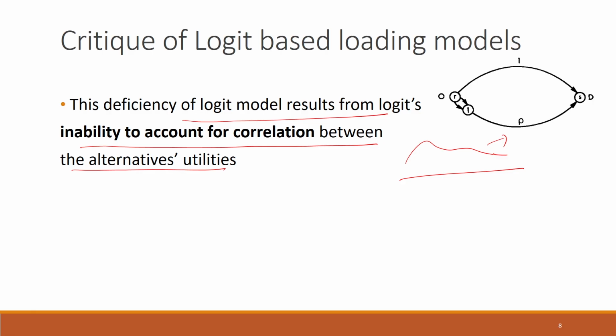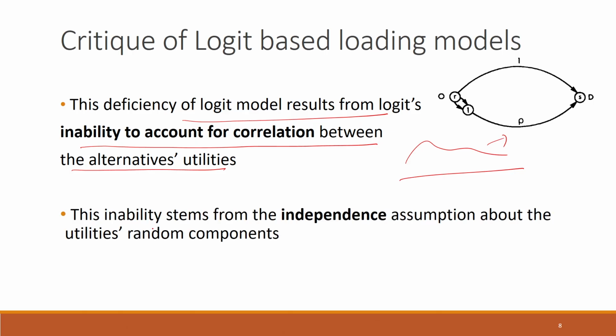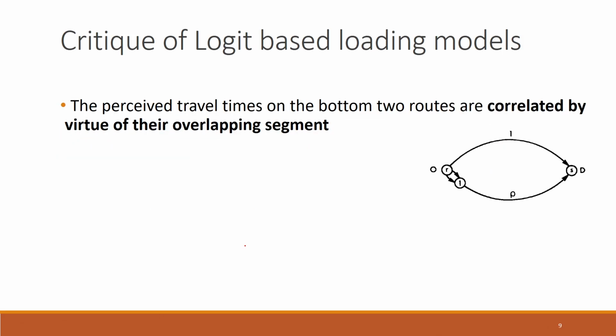And since the error terms across different alternatives in the logit model are assumed to be independent, there cannot be any correlation between the alternatives' utilities if we are assuming a logit choice model. So this is saying the same thing. This inability stems from the independence assumption about the utilities' random components. So the perceived travel times on the bottom two paths are correlated by virtue of their overlapping segment.